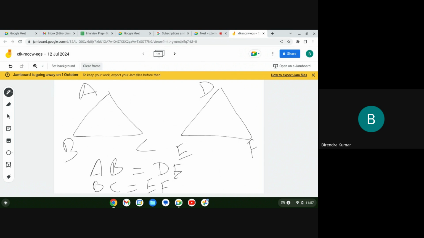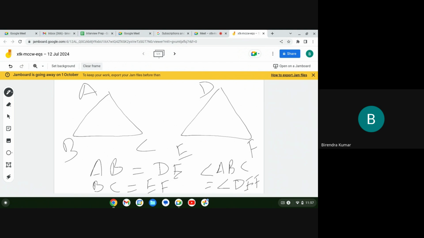And the angle ABC is equal to angle DEF. If this is the case, then these two triangles are congruent. Now, how do we prove this?